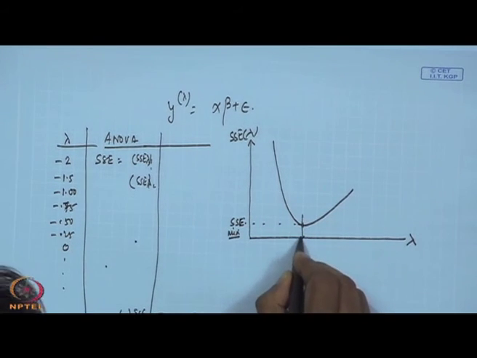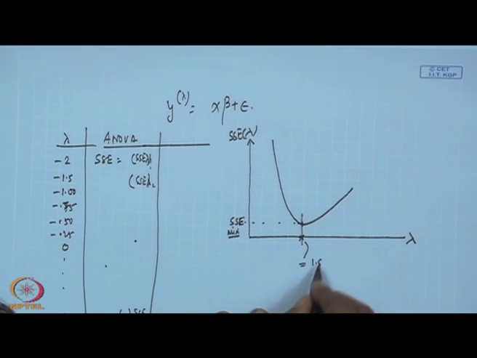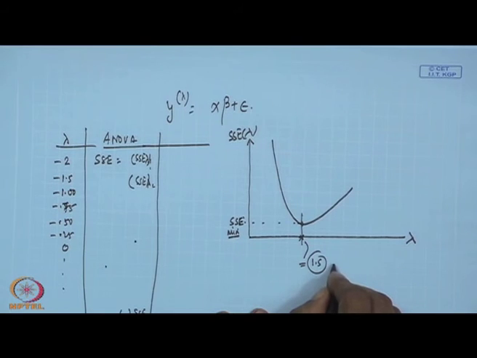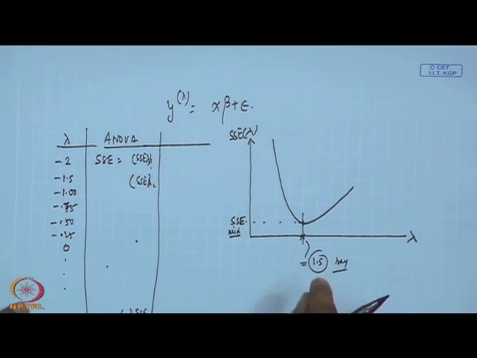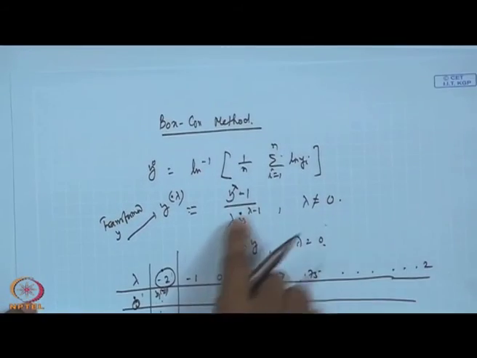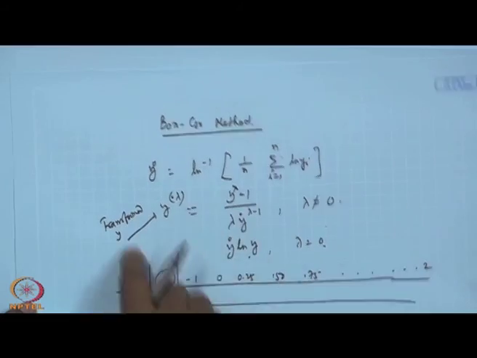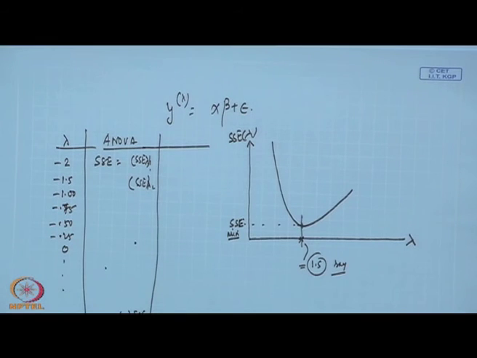So, our lambda is this value, suppose 1.5, say. Then you consider this 1.5 and transform each of the y values with this formulation and go for regression analysis. Complete.